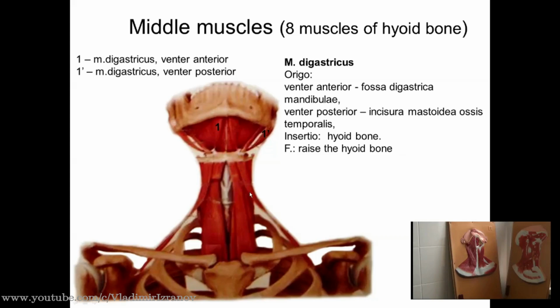It raises it upward, and this is a movement which is necessary during our process of eating. So, number 1 is musculus digastricus.